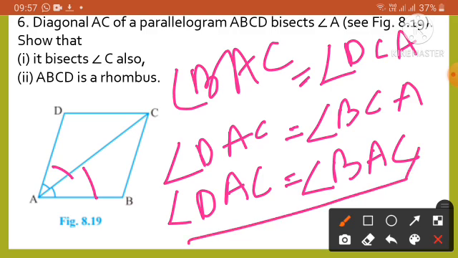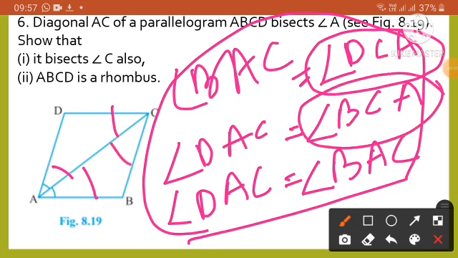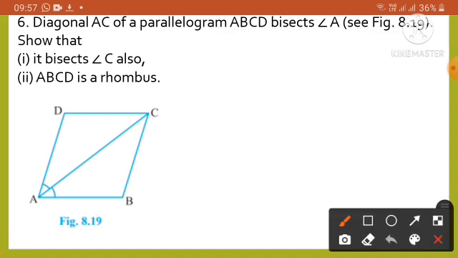So from this we can say that angle DCA is equal to angle BCA. Got it? So we can say that AC bisects angle C also. Now in the second part we have to prove that ABCD is a rhombus.